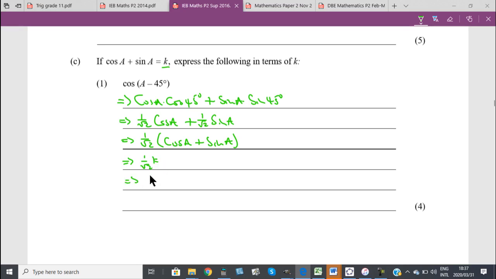So we end up with k over root 2. But obviously we have to rationalize this. So to rationalize this, you can multiply by root 2 over root 2. So we end up with root 2 k over 2 as our final answer.